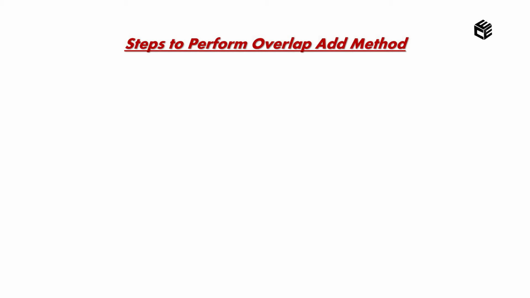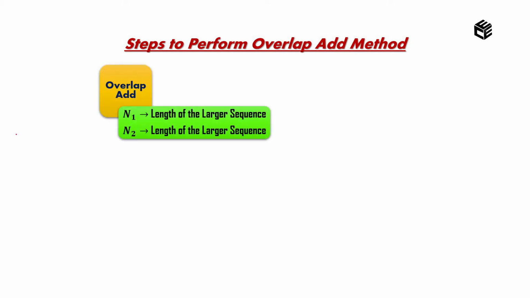What actually happens in the overlap add method and how are we going to perform it? In the overlap add method, the first step is to identify which is the larger sequence and which is the smaller sequence. After identifying, we consider n1 to be the length of the larger sequence and n2 to be the length of the smaller sequence.